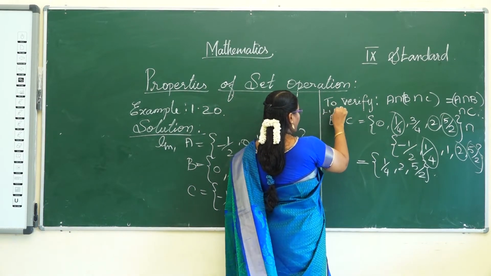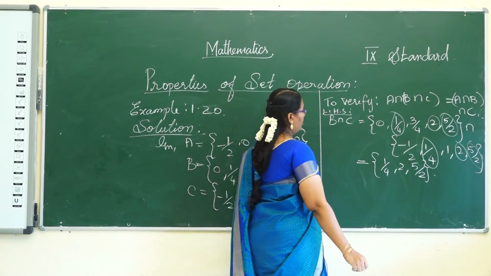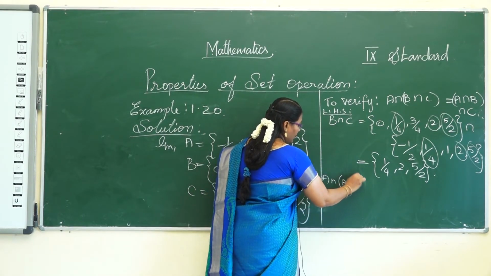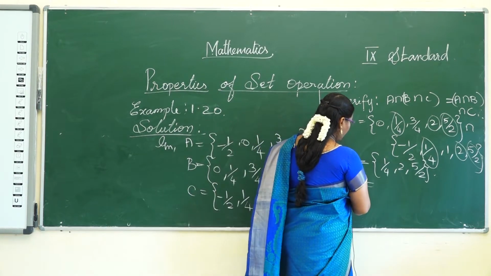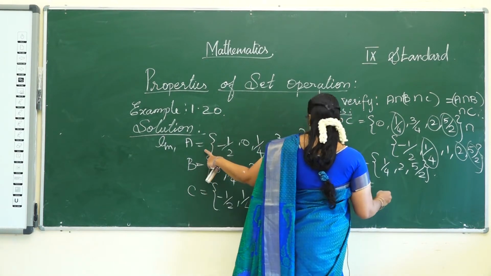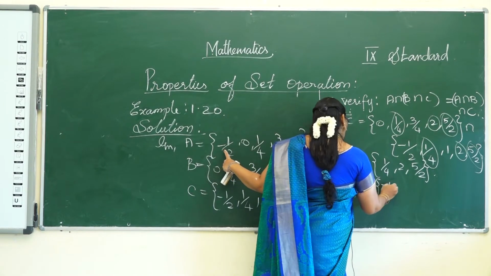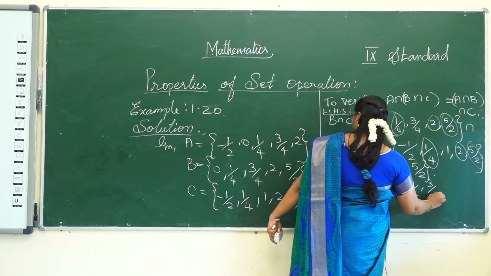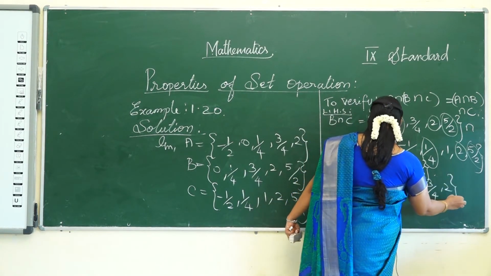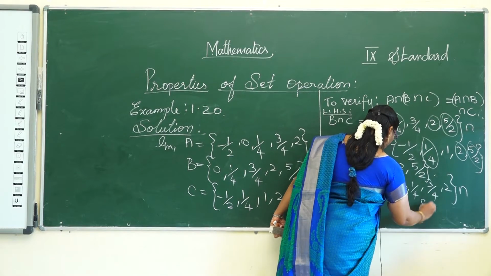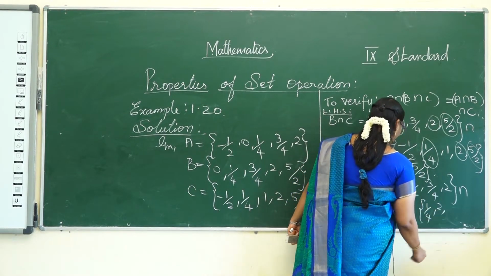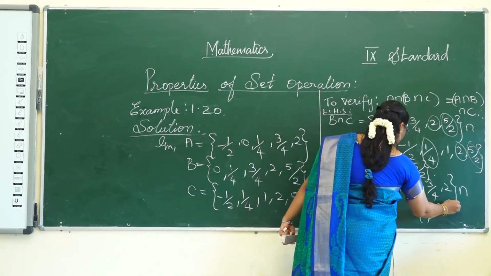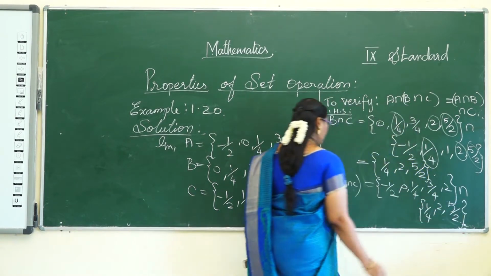Here, the right hand side. So next find out A intersection (B intersection C). Already found the value of B intersection C. So what are the elements in set A? -1/2, 0, 1/4, 3/4, 2, intersection 1/4, 2, 5/2.